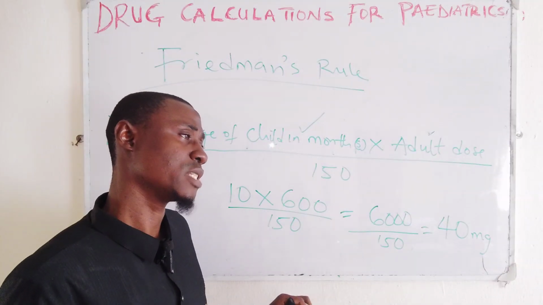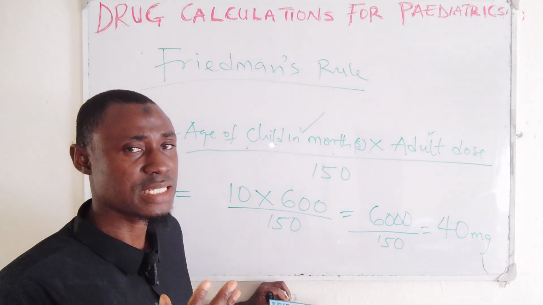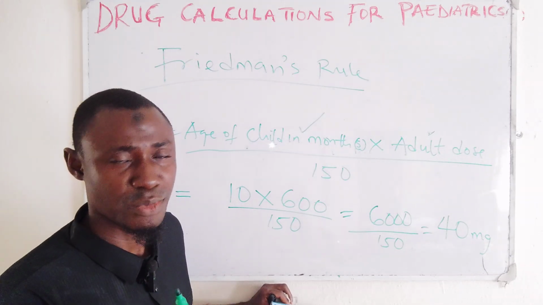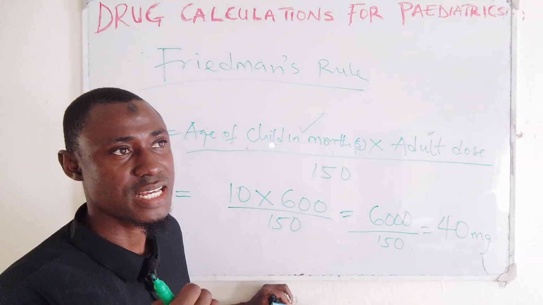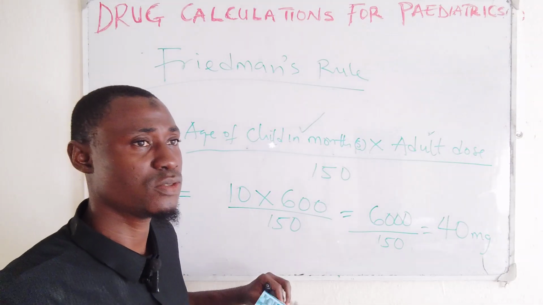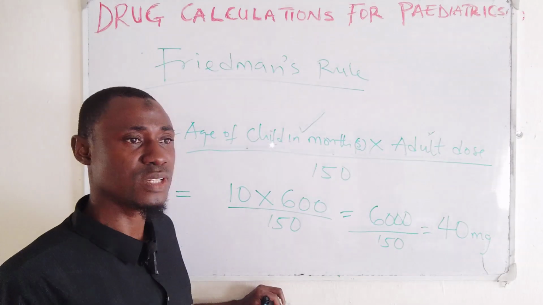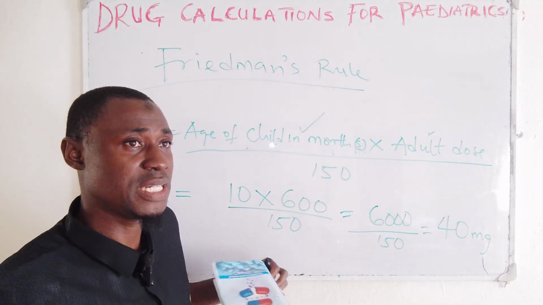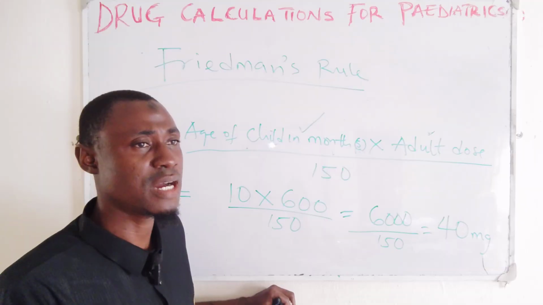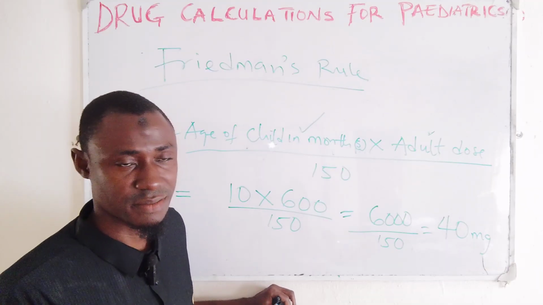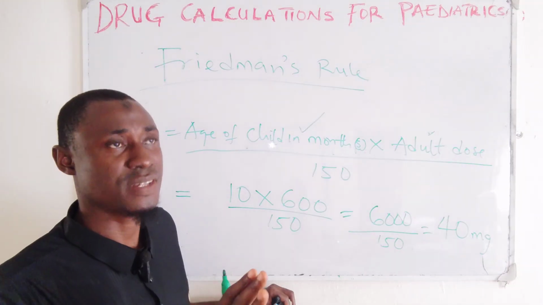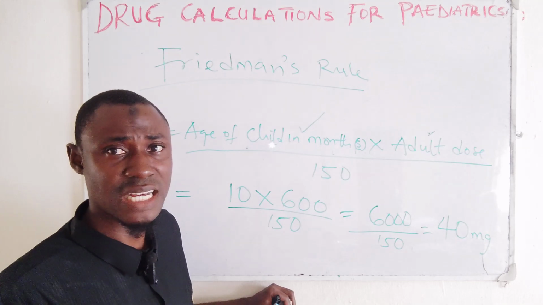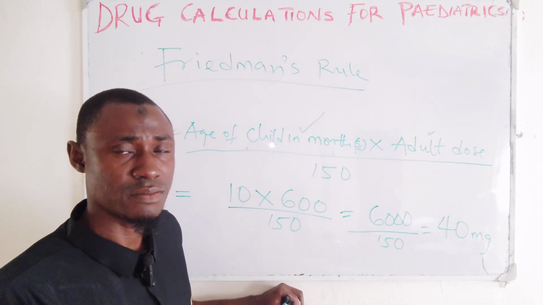One issue of contention is, for instance, if I have two children of the same age, maybe 5 years, but one of the children is very slim, looking light, and the other one is looking floppy, bigger in terms of size. The one looks more like a 5-year-old child, while the second looks more like a 10 or even a 15-year-old child based on his body makeup.